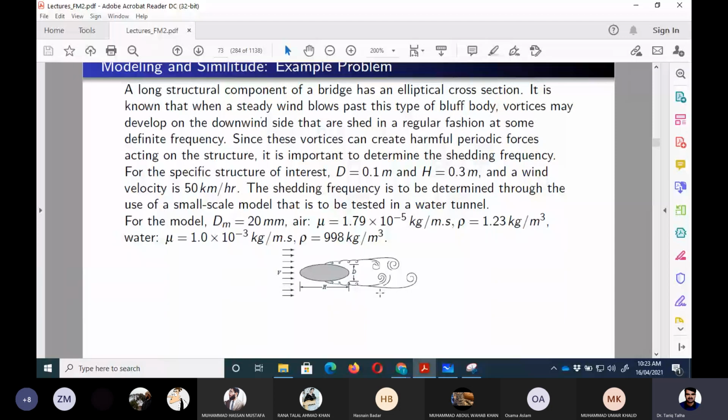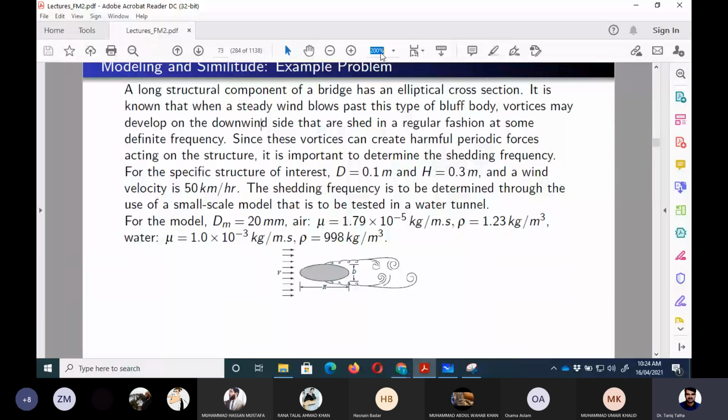Von Karman was the scientist who first observed this phenomenon. Since these vortices can create harmful periodic forces acting on the structure, it is important to determine the shedding frequency, that is, how it would oscillate due to the generation of these vortices.